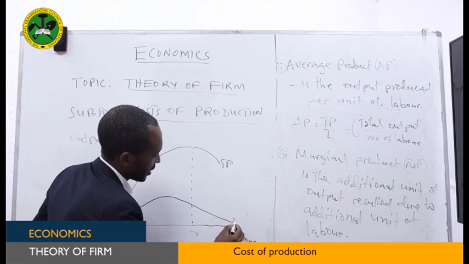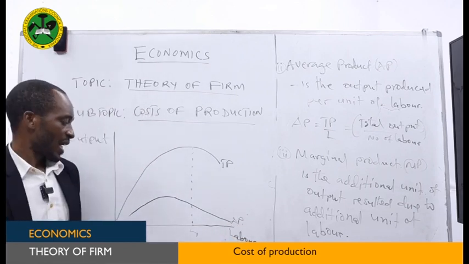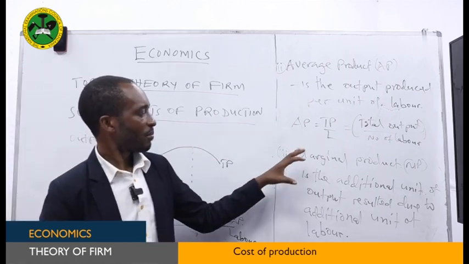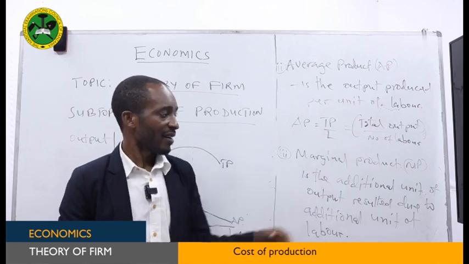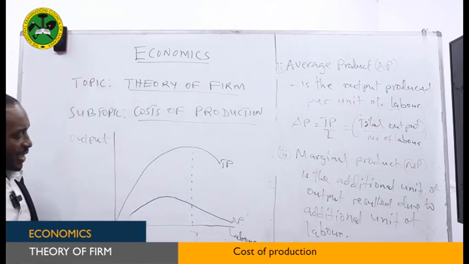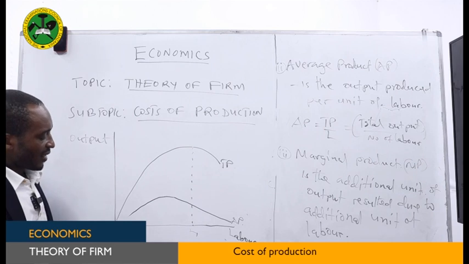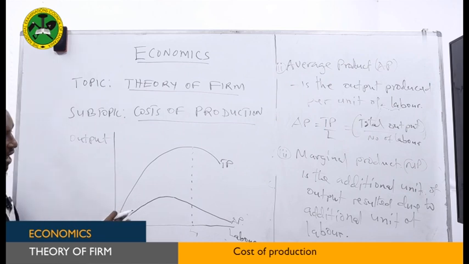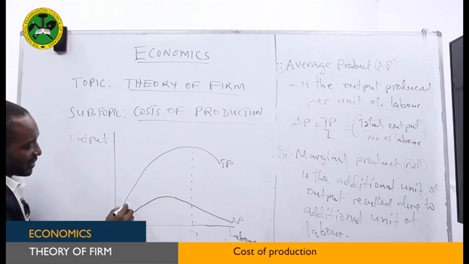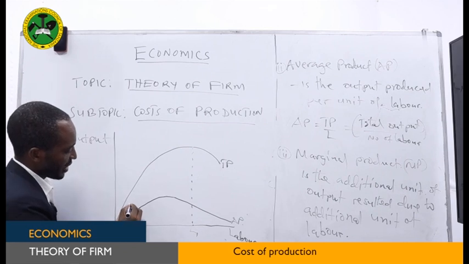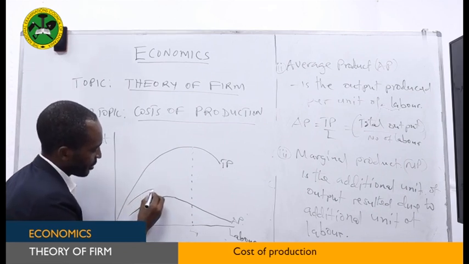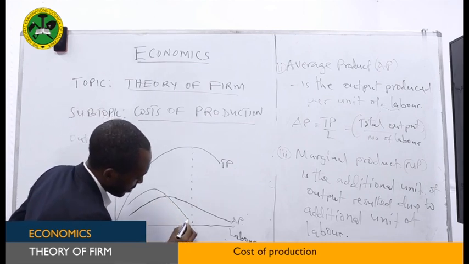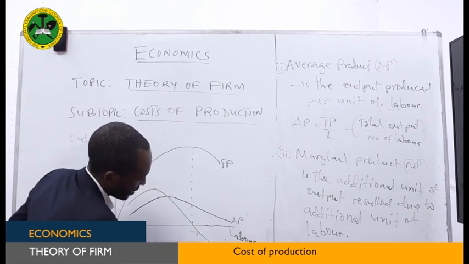This one will be the average product. Also, we have the marginal product curve. This will be above the average product, will start increasing sharply, then reach a maximum, then start to decline, up to negative MP.